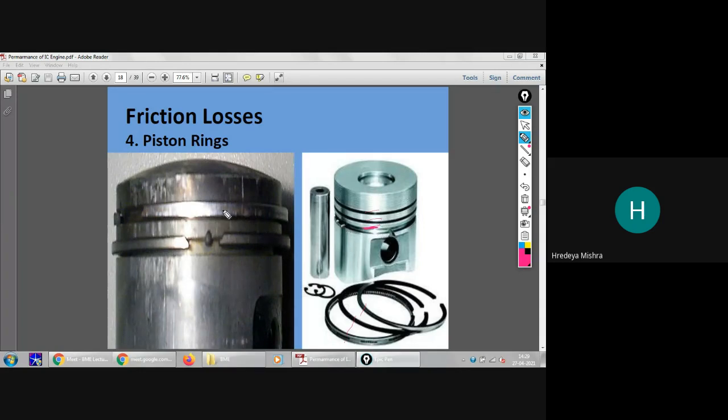These piston rings slide in contact with the cylinder. So between the piston ring and the cylinder friction must be there, so frictional losses also occur.